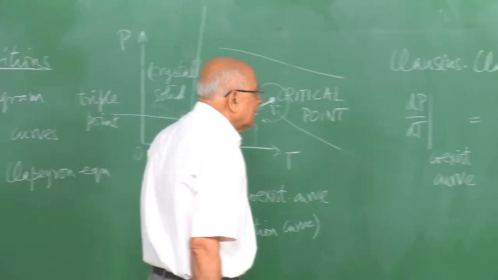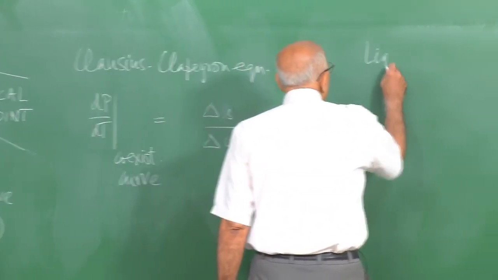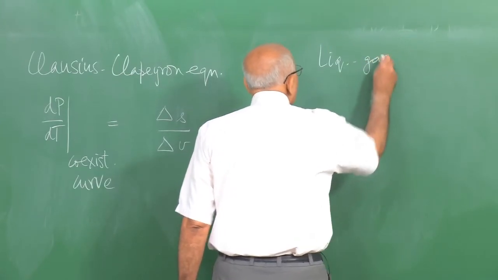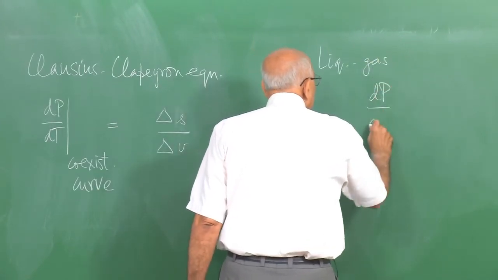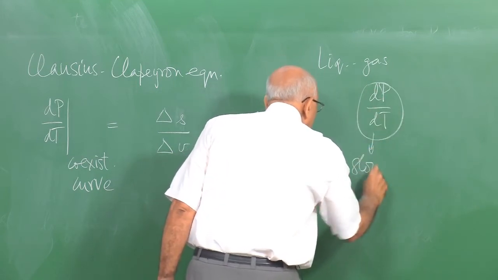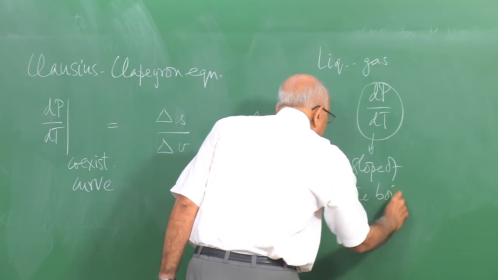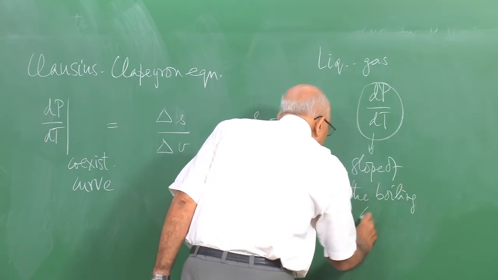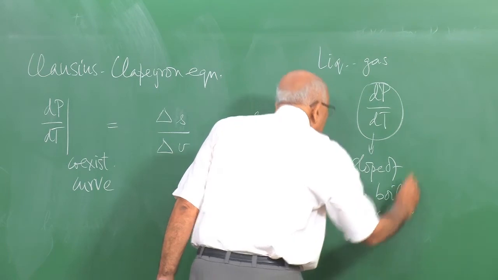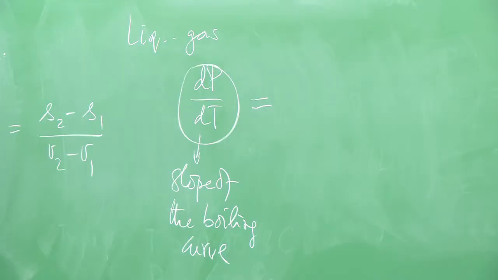Okay. So in the case of liquid gas, the slope of the boiling curve is equal to, we are going from liquid to gas or gas to liquid, does not matter.